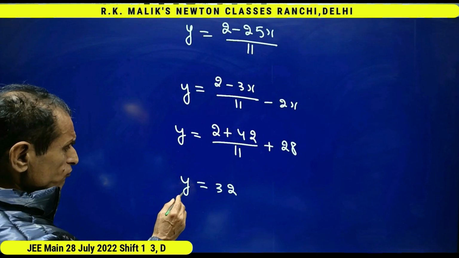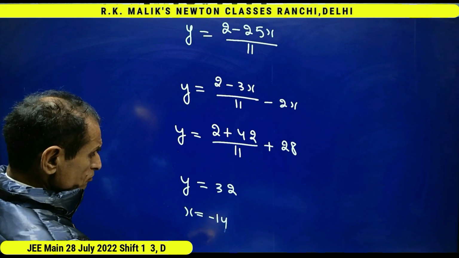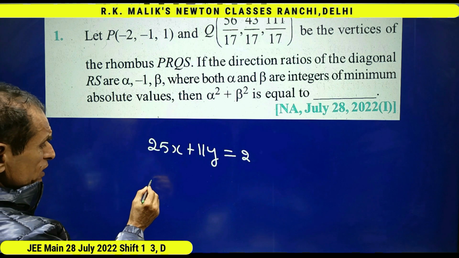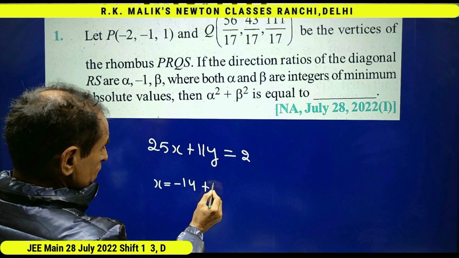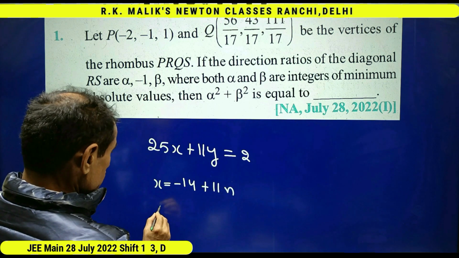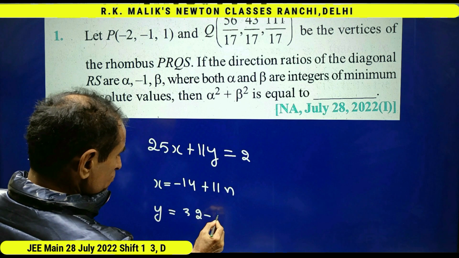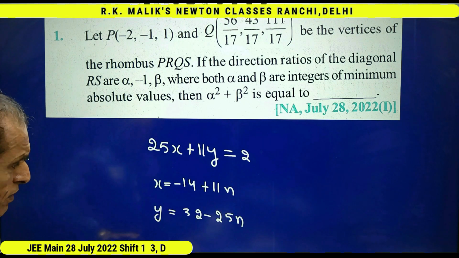And now after getting y equal to 32 and x equal to minus 14, the values of x and y become x equal to minus 14 plus 11n and y equal to 32 minus 25n.